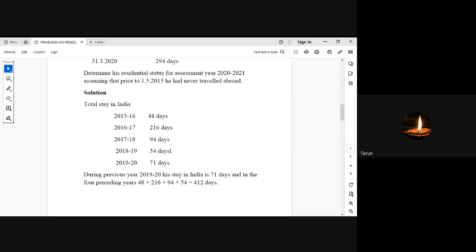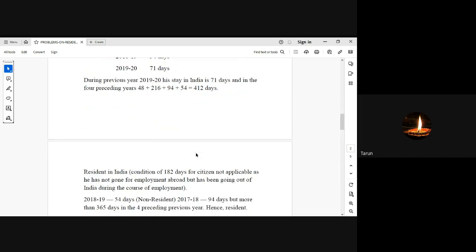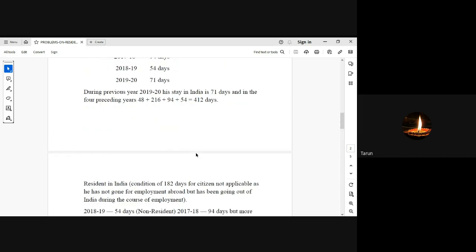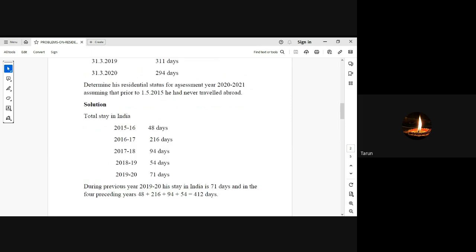As a result, Mr. Kohli has become a resident of India, because he has satisfied one basic condition out of the two: he has spent more than 60 days plus 365 days. So he is a resident.